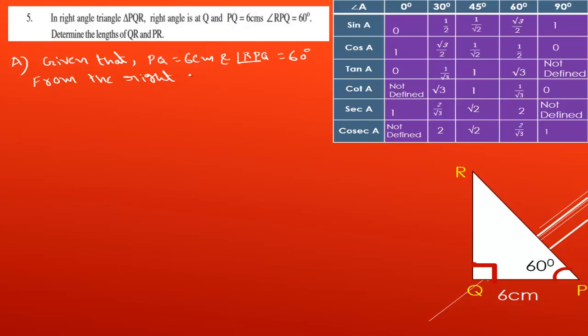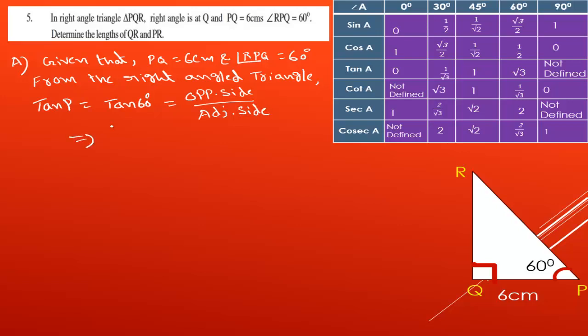From the right angle triangle PQR, tan P, here we are calculating the tan ratio for angle P. Angle P is 60 degrees, that is tan 60 equal to opposite side by adjacent side. That implies tan 60 means root 3 equal to, here opposite side is QR and adjacent side is PQ.